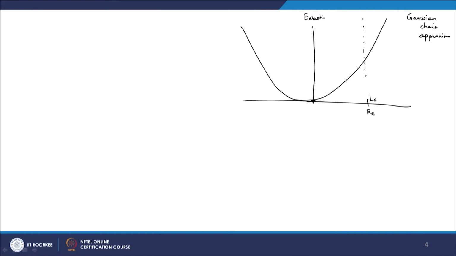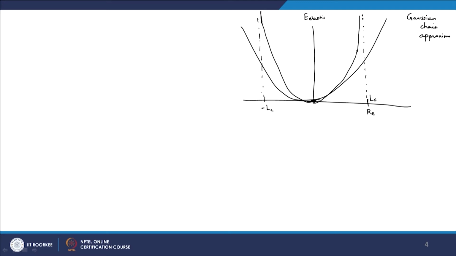So those models for smaller values of Re will behave something like a Gaussian chain, but then it must become very steep near the point when Re approaches Lc on either side. It must become very steep at this point.